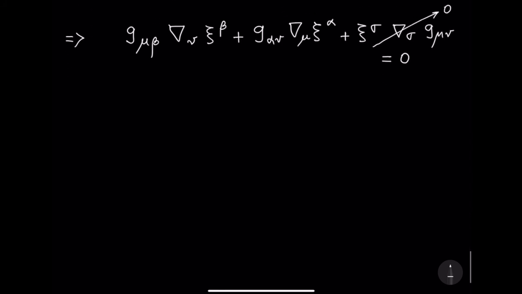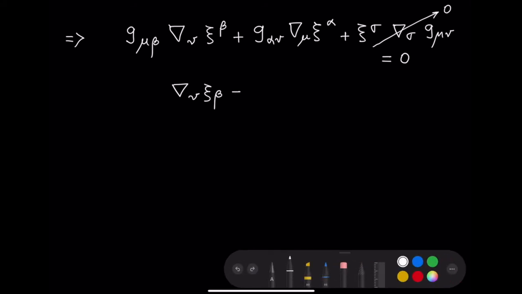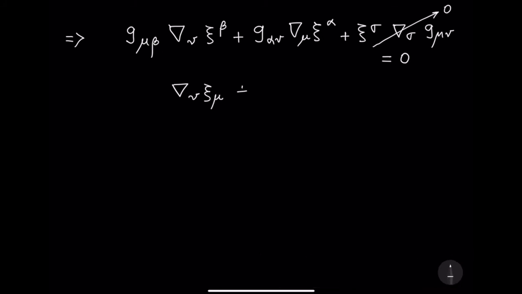And we get a very simple equation, which is the covariant derivative. And you see that this g can go inside because, again, the metric is compatible. So this I can write simply as, once beta goes inside, grad nu of xi mu plus grad mu of xi nu equals 0.